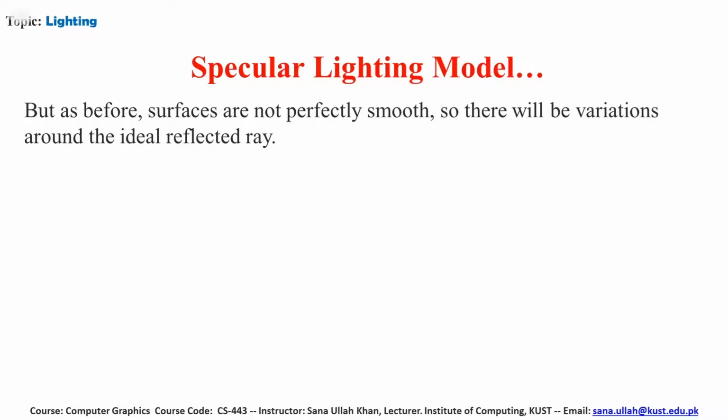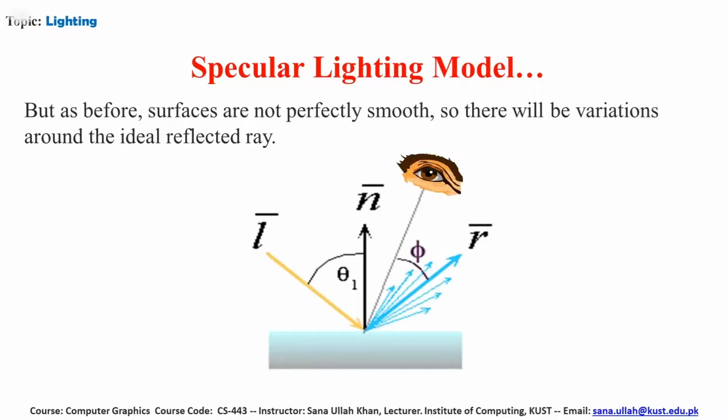But as before, surfaces are not perfectly smooth, so there will be variation around the ideal reflected ray. A surface can be of two forms, which are called rough surface and smooth surface. If the surface is smooth, then it will reflect equally in one direction.